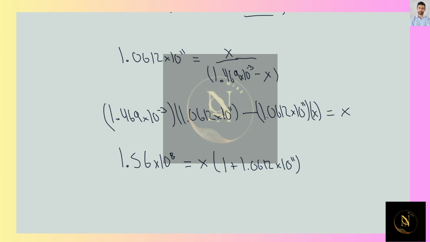But we already know that 1 plus this very large number is essentially this number, so this is 1.0612 times 10 to the 11 times x.